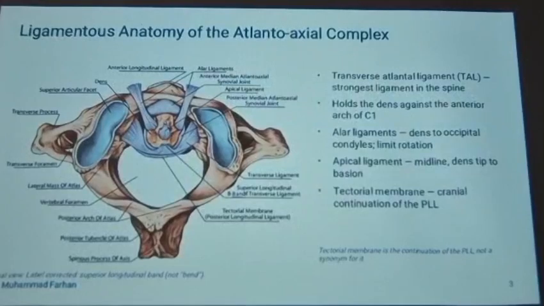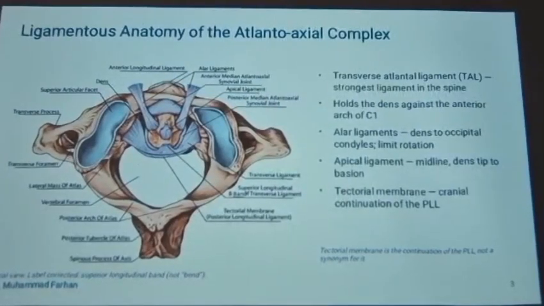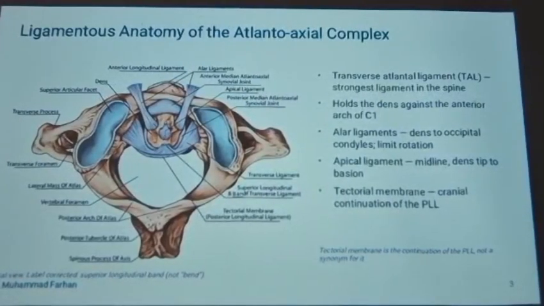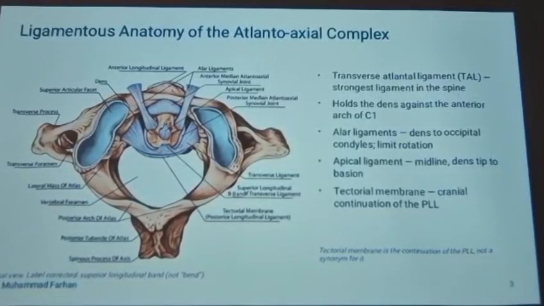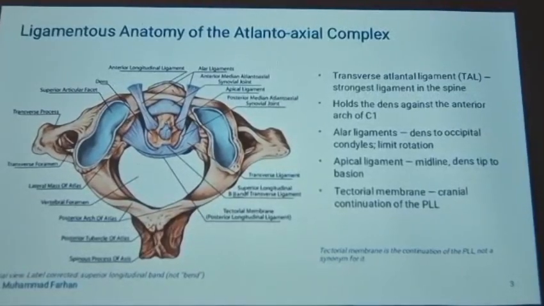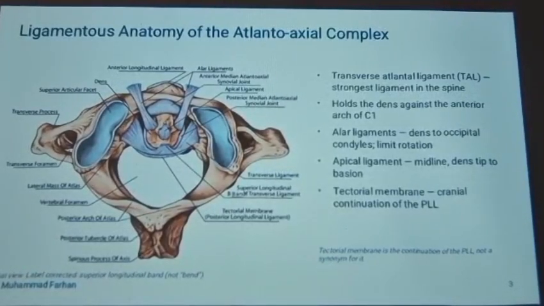So first of all, we should know the anatomy of the atlantoaxial complex. As we know, the C1 vertebra is a ring-like vertebra with an anterior arch, a posterior arch, a small spinous process, and lateral masses and transverse processes which contain the foramen transversarium. The main stabilizers of C1 and C2 are the ligaments.